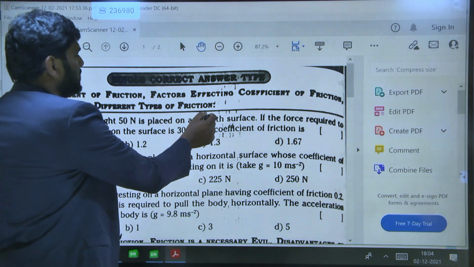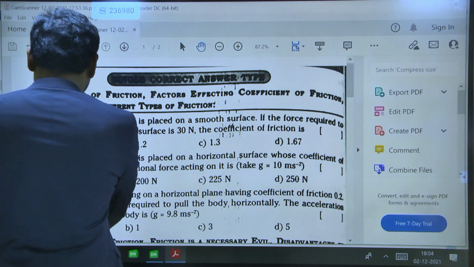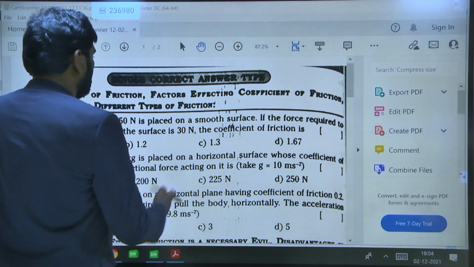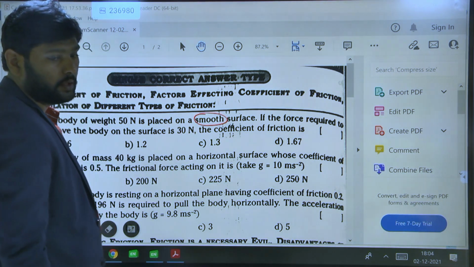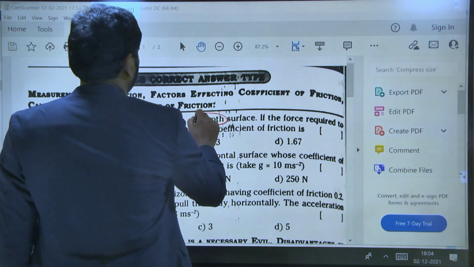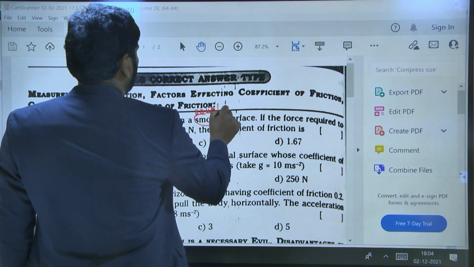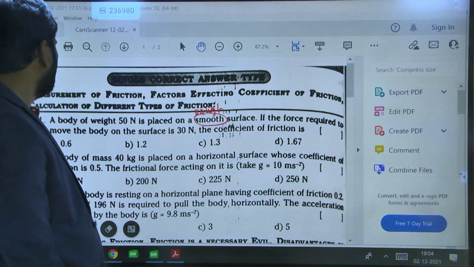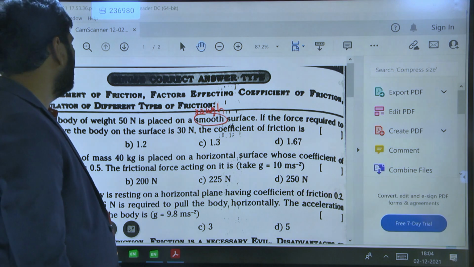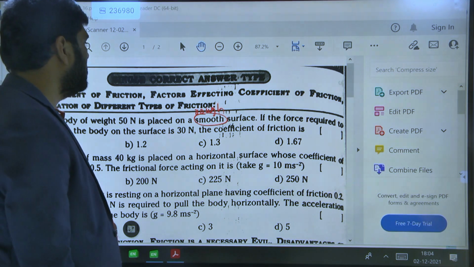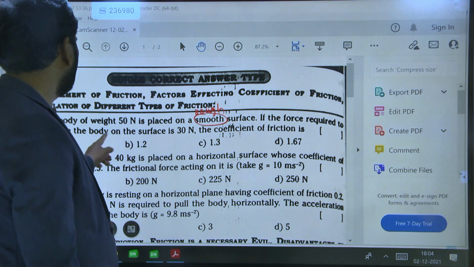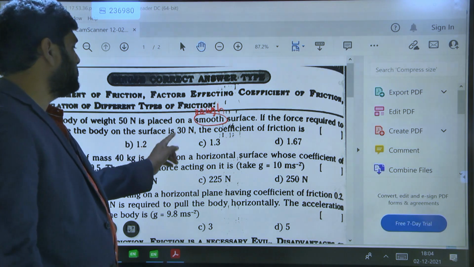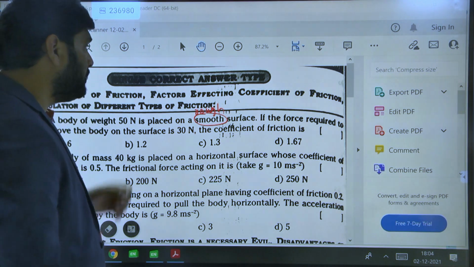Actually, this is not a smooth one, it is a rough surface. The body of weight 50 newtons is placed on a rough surface. If the force required to move the body on the surface is 30 newtons, they are asking the coefficient of friction.